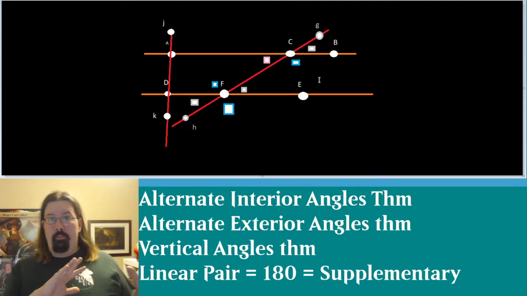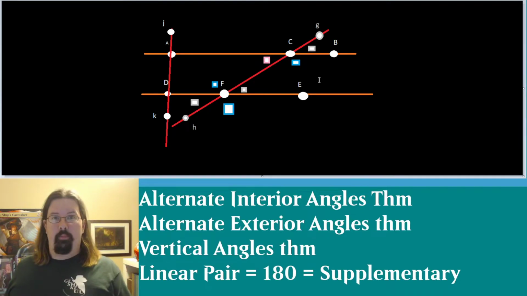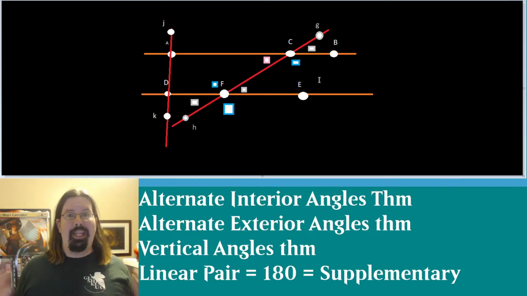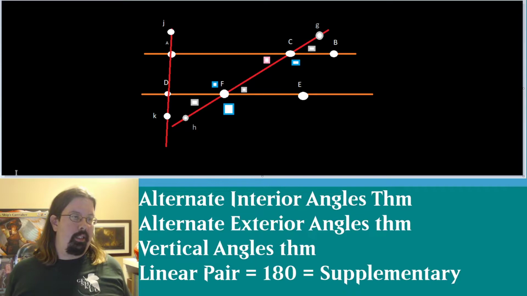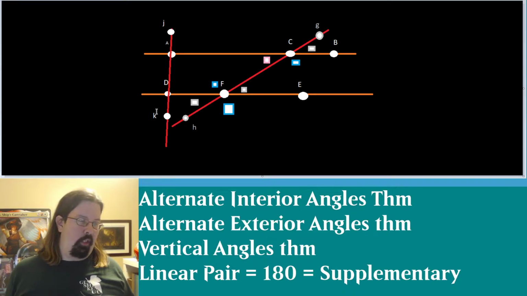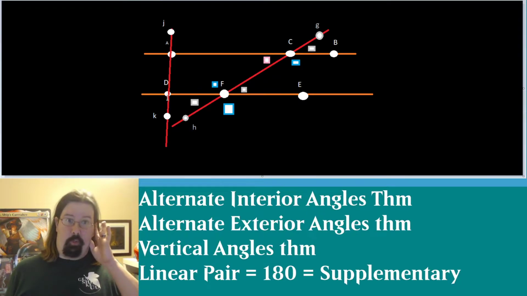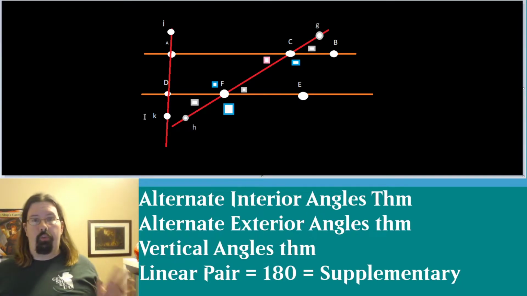So the left line and the right line have nothing to do with each other unless it specifically gives you this angle here. And then they have a lot to do with each other. But that's triangles. We'll get into that in a little bit.